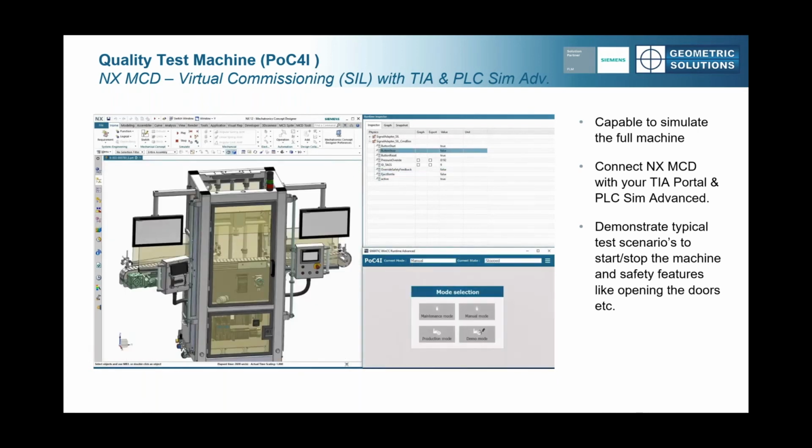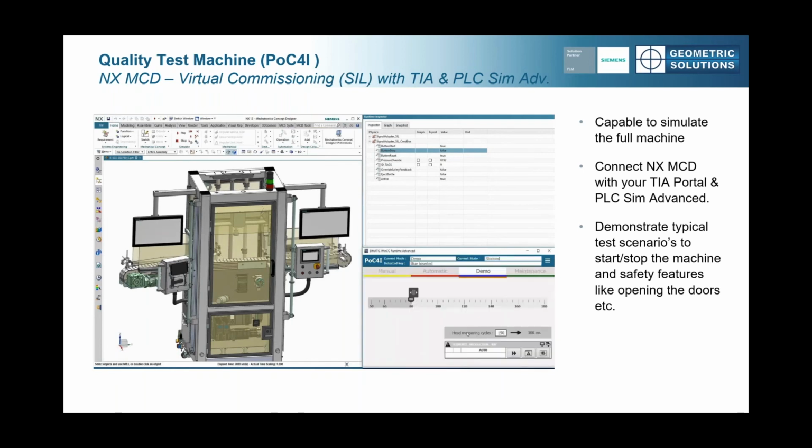The advantage here is that there hasn't been any metal cut on this machine. So we're able to do all of our testing, our validation ahead of time. And here we can see changing what our HMI is doing, speeding up a conveyor, slowing it down, and so on.